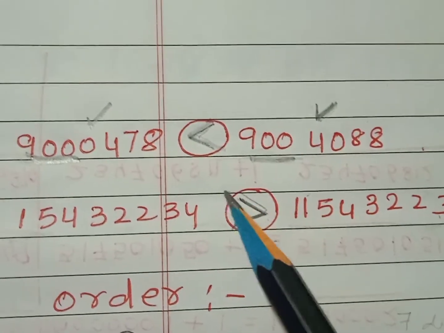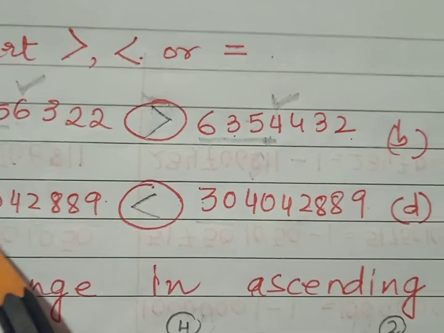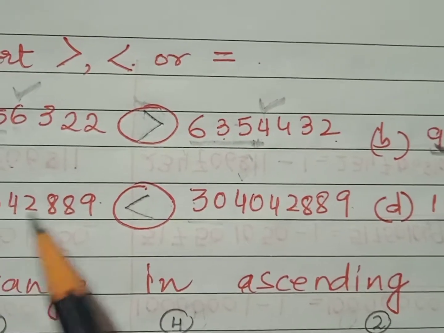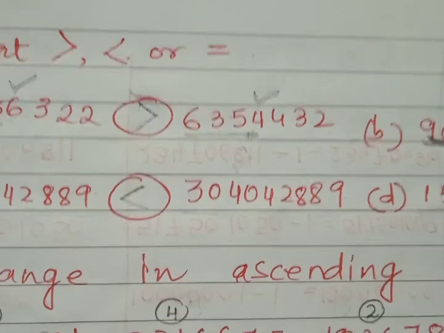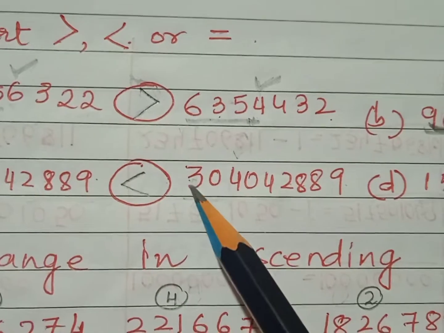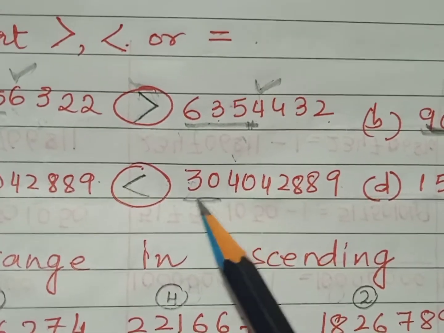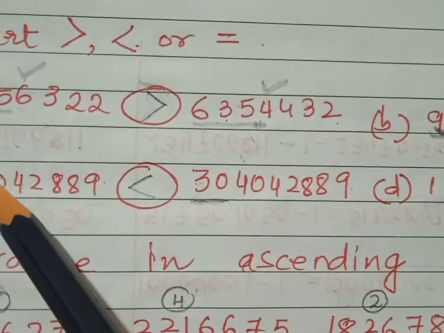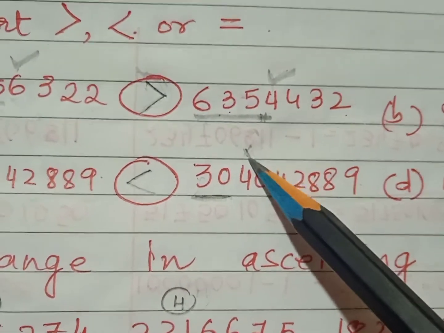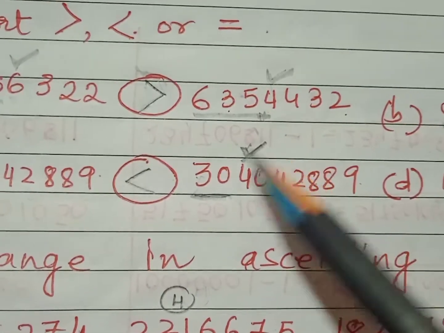Okay. Coming to number C. Number C has again the same number of digits. So we will go for the first two digits. First two digits are the same for both, 30 and 30. The third digit is a decider. Here we have 0 and here we have 4. So the 4 is naturally bigger than 0.